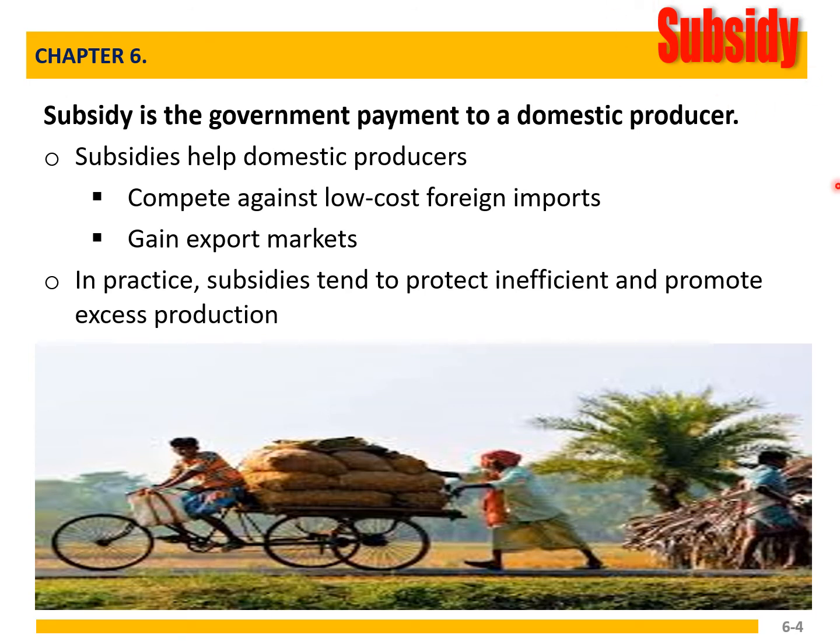A subsidy is a government payment to a domestic producer. Subsidies take many forms, including cash grants, low-interest loans, tax breaks, and government equity participation in domestic firms. By lowering production costs, subsidies help domestic producers in two ways. First, to compete against low-cost foreign imports. Second, to gain export markets.